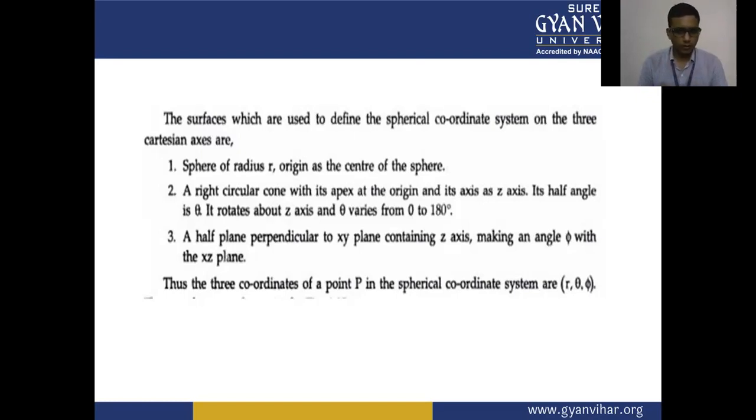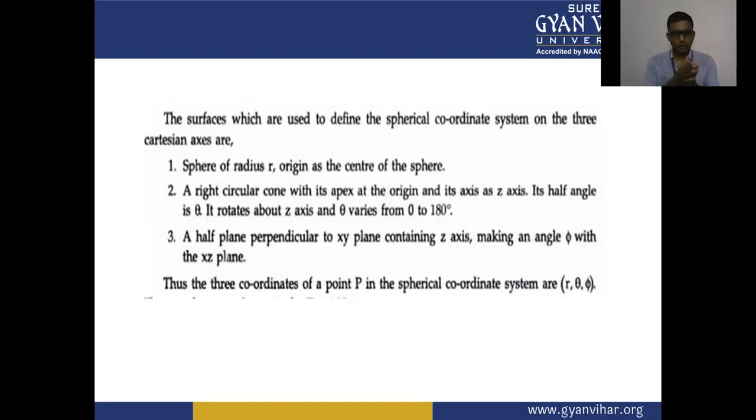So (r, theta, phi) is a point in the sphere, and r is the radius of the sphere, and theta is the half angle of the right circular cone with its apex at the origin and its axis as the z-axis. The angle theta varies from 0 to 180 degrees, and the angle phi with the xz plane is the same as in the cylindrical coordinate system.